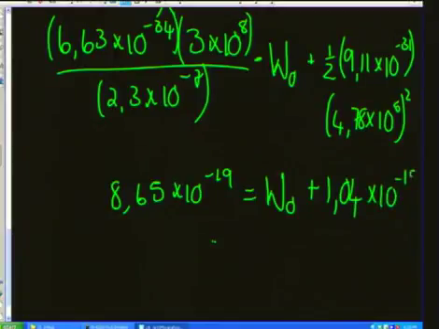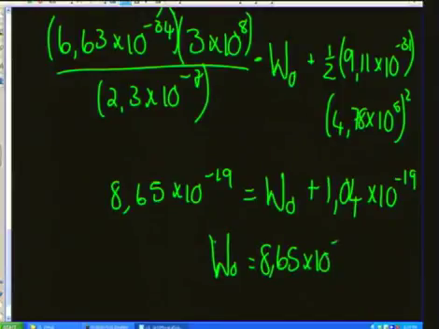Now, I know I'm sort of in the right area because this was 8,65 times 10 to the minus 19, and that was 1,04 times 10 to the minus 19. So to get W0, I'm going to end up going 8,65 times 10 to the minus 19 minus 1,04 times 10 to the minus 19.